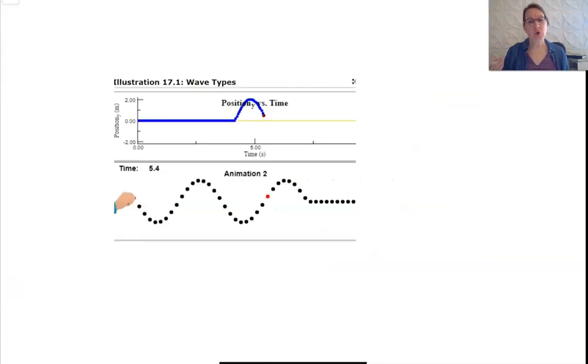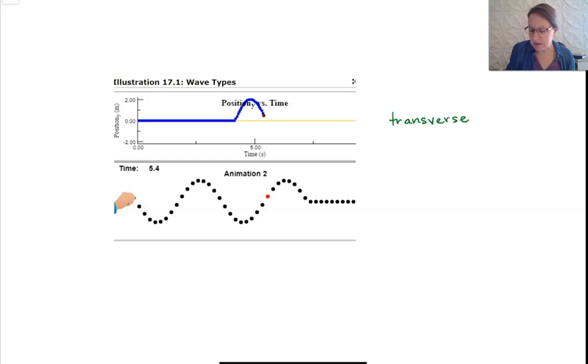So we can start to quantify the information that we have about waves, because that's what we do in physics: try to quantify the information, describe it in a way that we can share it or characterize what's going on. The first thing to notice is that we would describe this as a transverse wave.